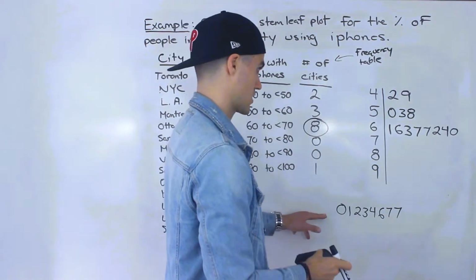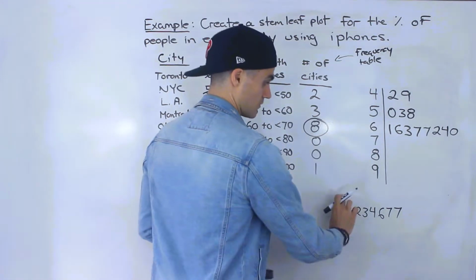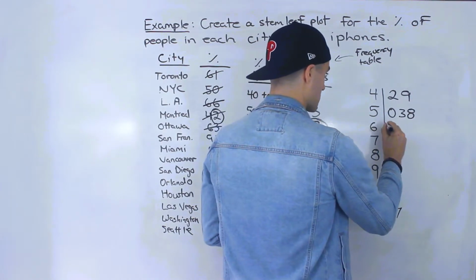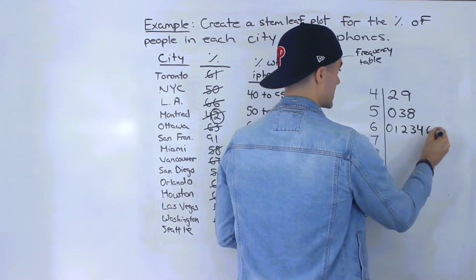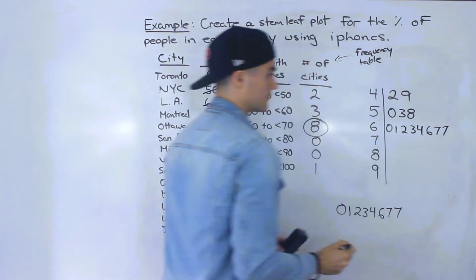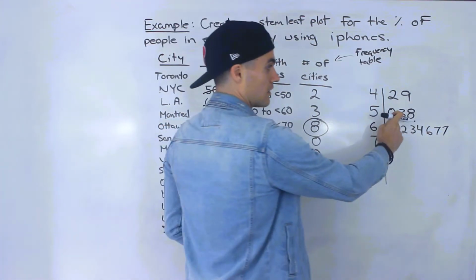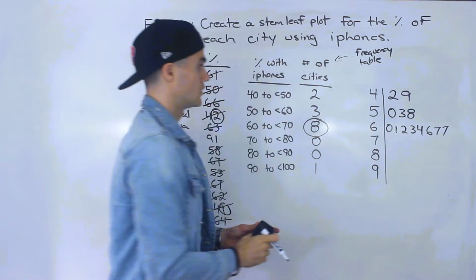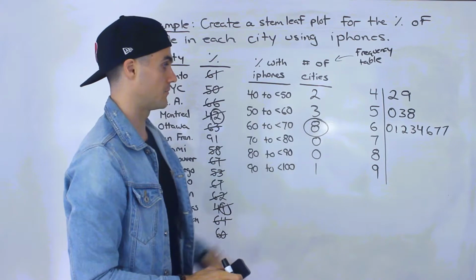Let me just double check that this is right. Yeah, looks right. So this would go here instead. Have them all in order. So we got 0, 1, 2, 3, 4, 6, 7, 7. Right? So the number of digits here should correspond to the frequency in the frequency table.